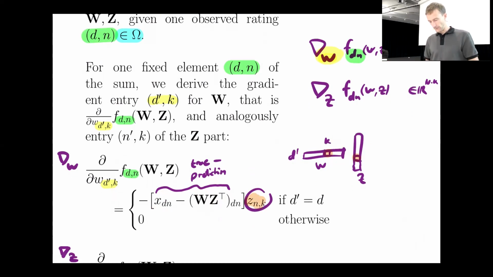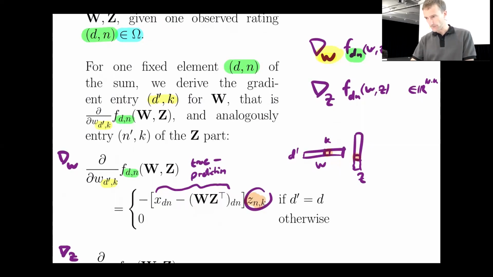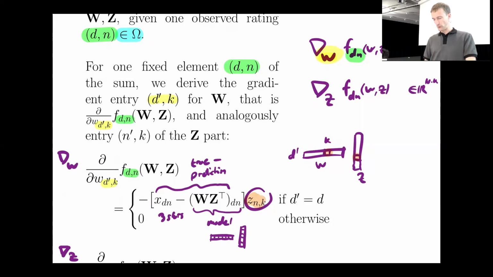And what's nice, this is very cheap to compute. So again, let's look a bit closer at what's really happening. X is the number of stars, so it's a discrete 1, 2, 3, 4, 5. So maybe this was 3 stars. And then this here is the model. That's just the movie row multiplied with the user row, which is a very cheap inner product, right?